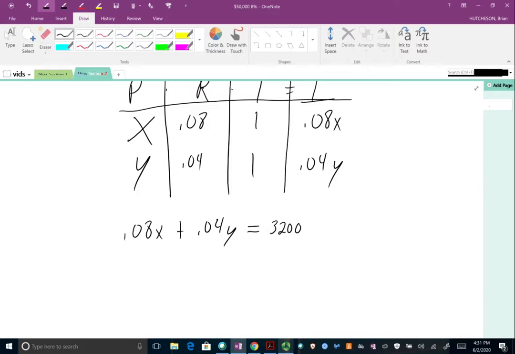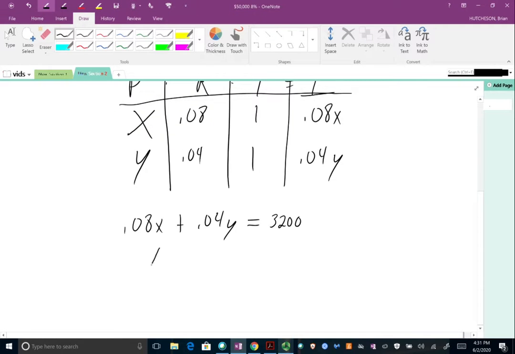They're both basically lines, right? Well, I do have one: X plus Y has to be $50,000. This is my system. This is what I need to solve.